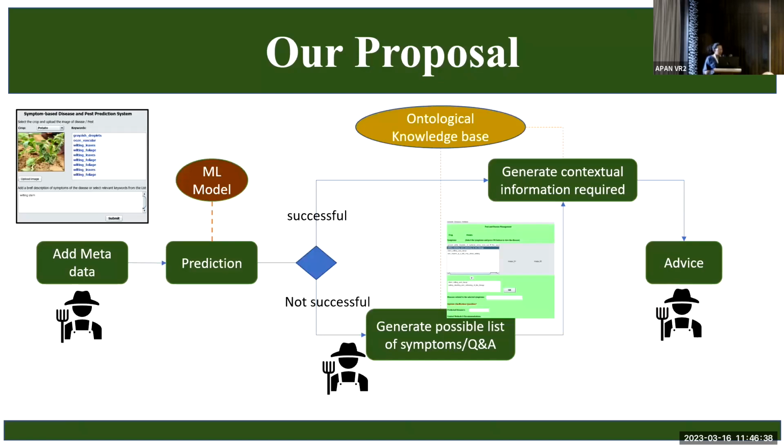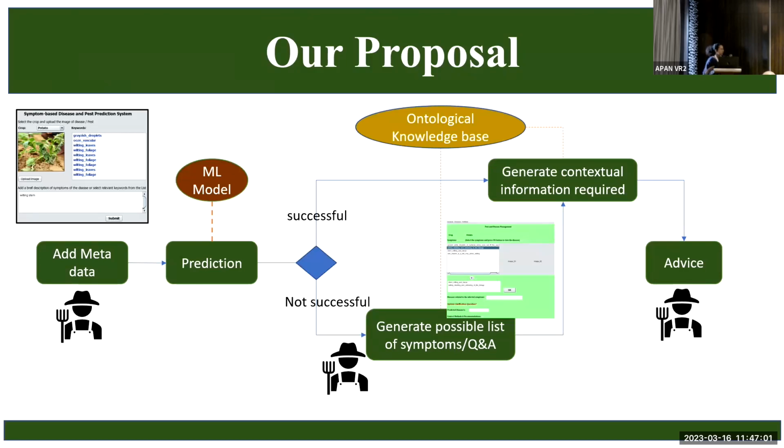As I mentioned earlier, we allow farmers to send photos and first try to predict the disease based on the provided data using the machine learning model. If it is successful, the rest, that means the control methods and other required information, will be provided through the ontology.